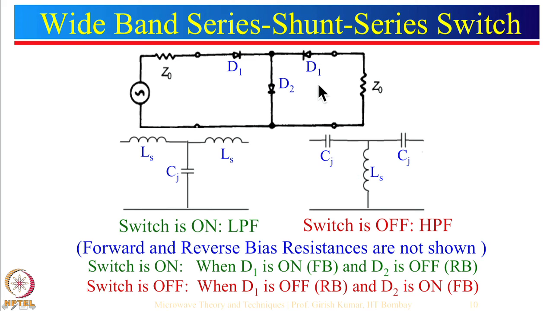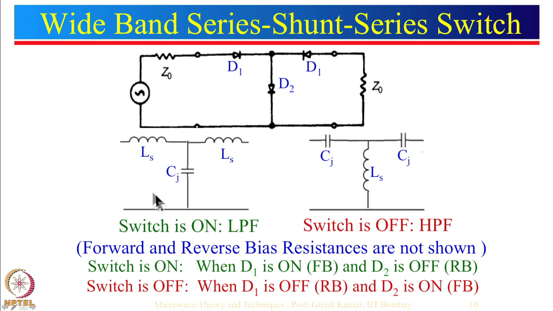For the switch to be off, D1 should be reverse biased, D2 should be forward biased. For reverse bias, we can represent the diode as a capacitance, and for forward bias as an inductor. Resistances are not shown here, just to show you what this configuration looks like.